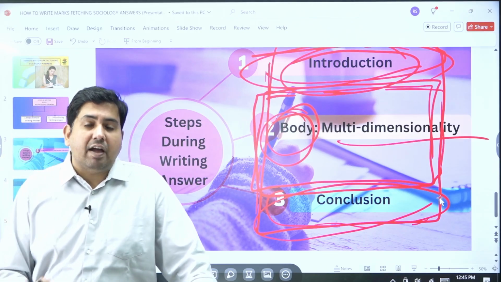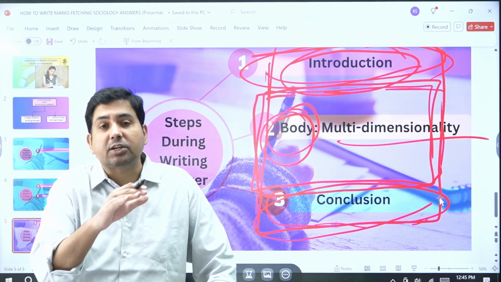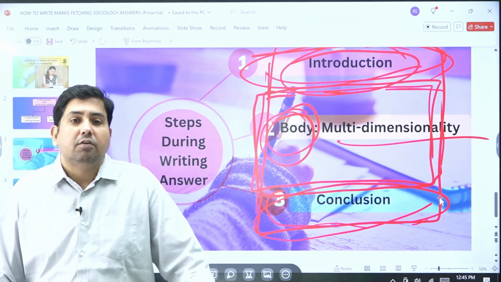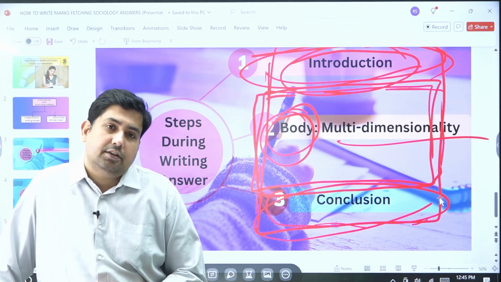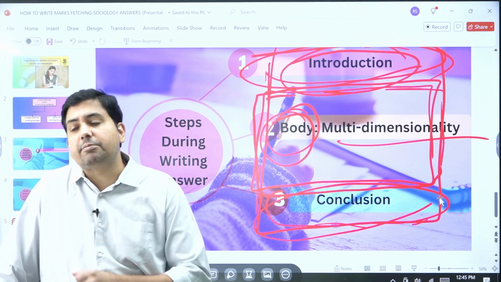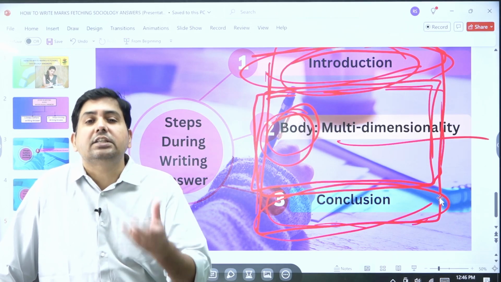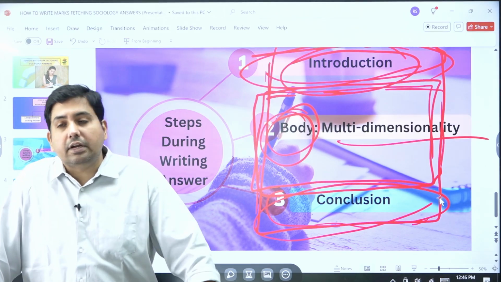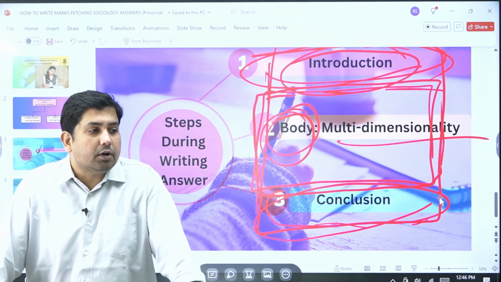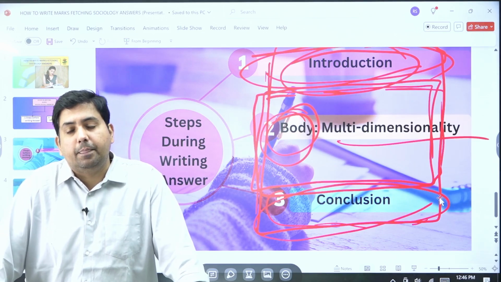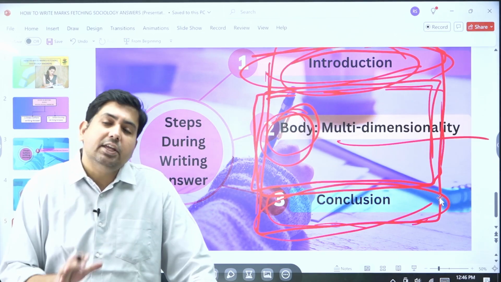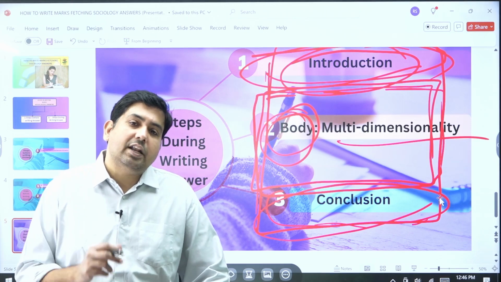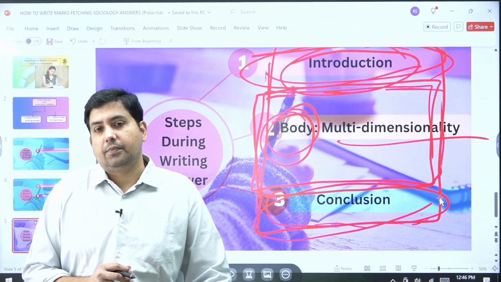If you talk about family types, a small flowchart showing the evolution from joint to nuclear families due to industrialization and urbanization. So such kinds of things can be done and must be done from your side. Okay. So make use of diagrams wherever it is possible.